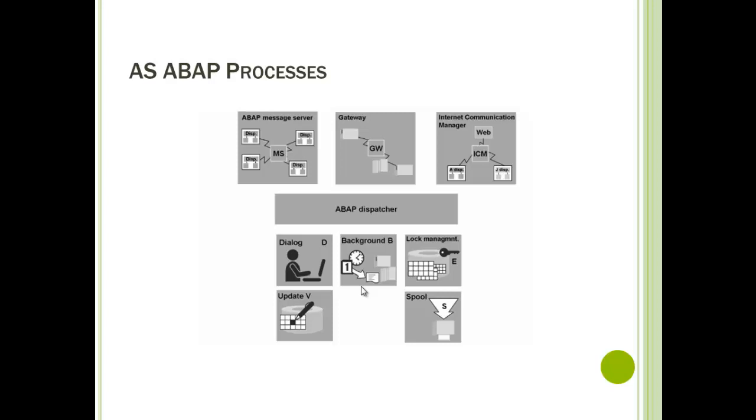Every dispatcher requires at least 2 dialog work processes. It's very important. Yeah, please note it down. Every dispatcher in every application server, and the central instance is also considered here as one application server, requires a minimum of 2 dialog work processes. The dialog process is one of the main work processes which will execute the steps, or the programs, which are triggered by an active user.